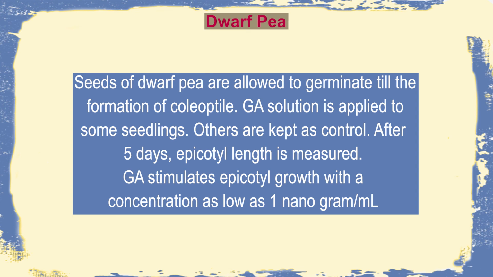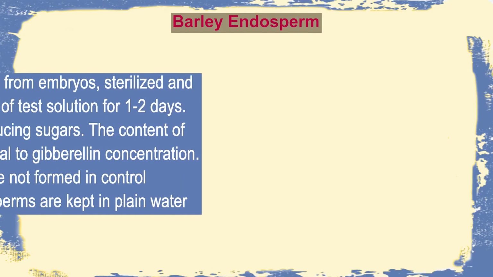Now, if gibberellin is present, then in about 5 days there will be germination and development of the coleoptile, and we can measure the length of the epicotyl. The length of the epicotyl is proportional to the amount of gibberellin present in the test sample. Also, gibberellin induces hydrolysis of starch resulting in production of reducing sugars.